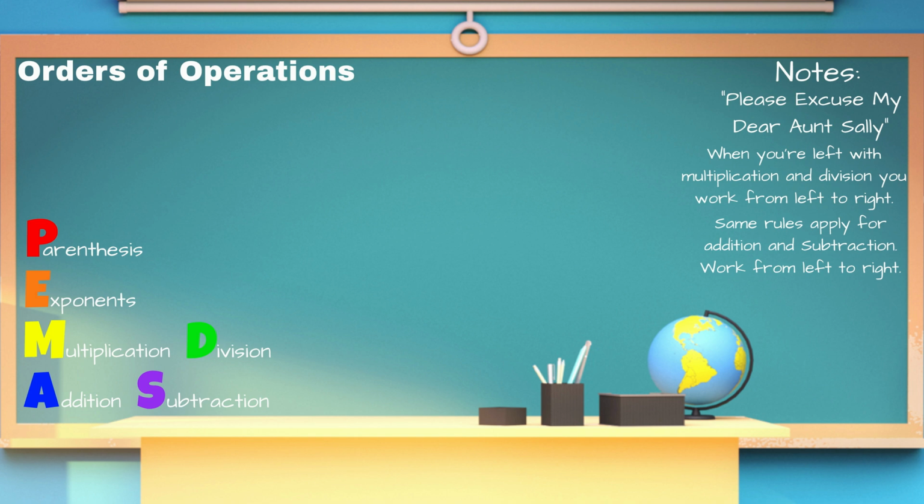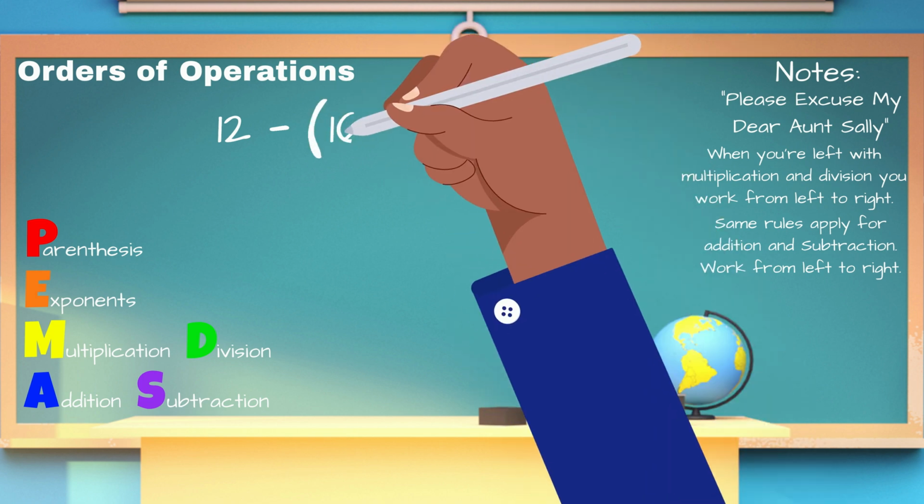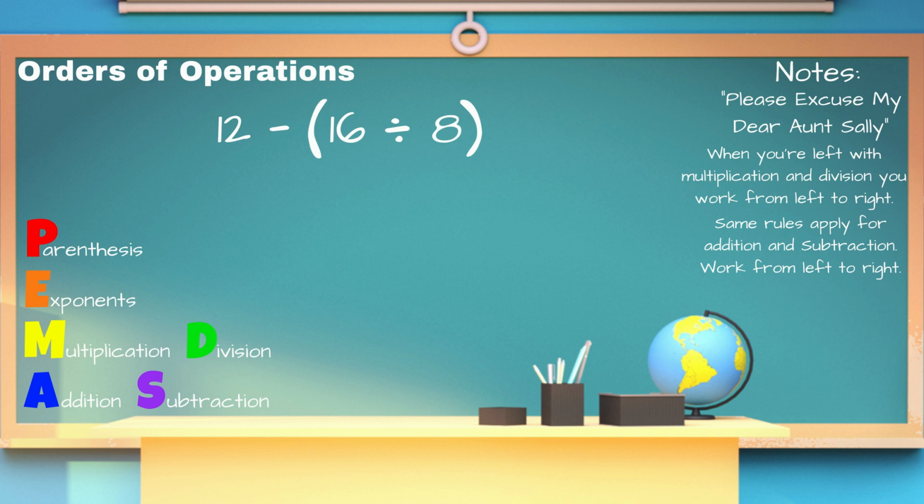Now that we got that out the way, I want to start with an expression. 12 minus, in parentheses, 16 divided by 8 plus 5 squared, or 5 to the second power. So let's look at this problem.